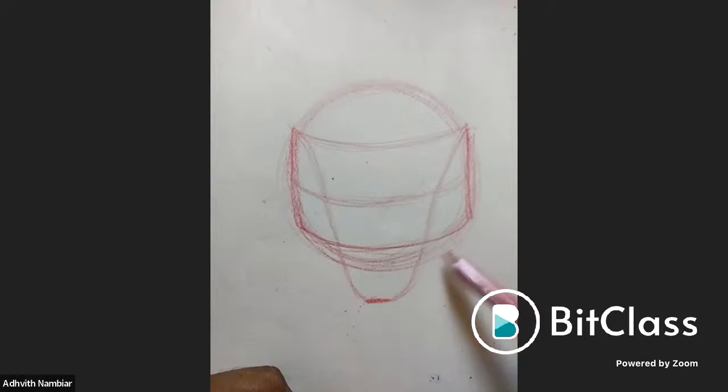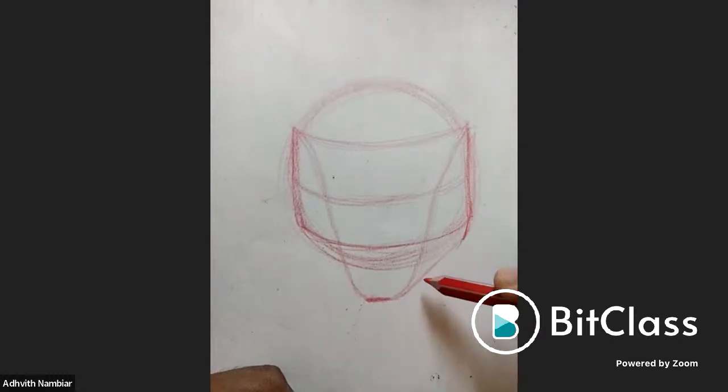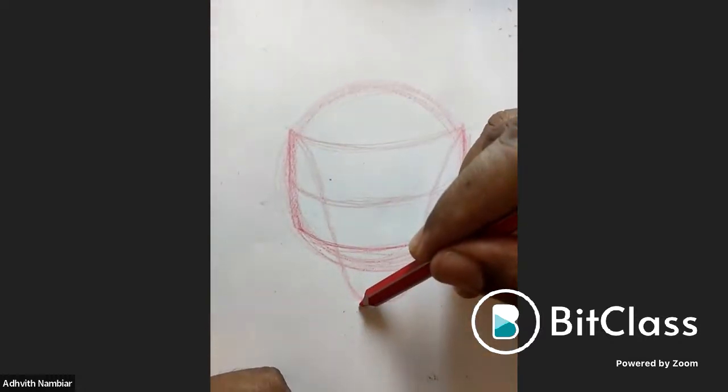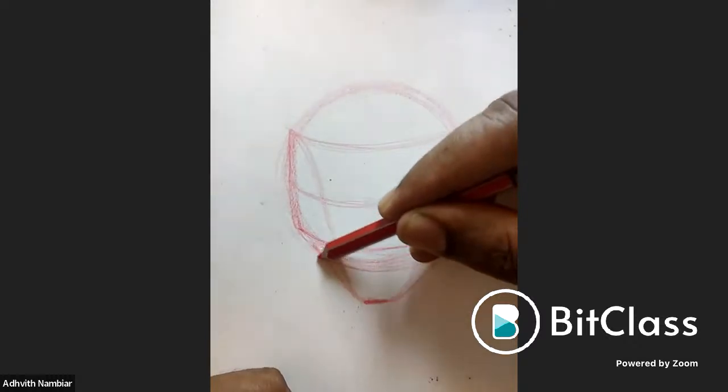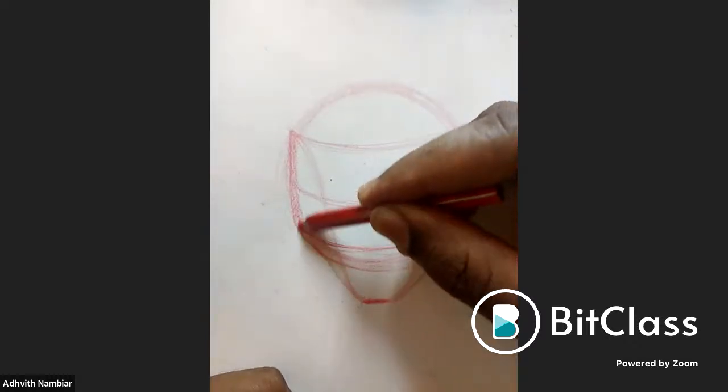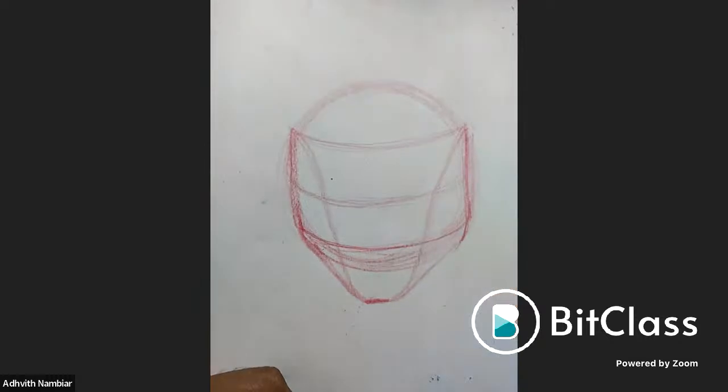And then we can start making the jaw, which just goes up and joins at the side here. Goes up and joins at the side.